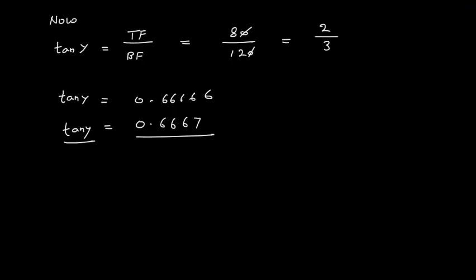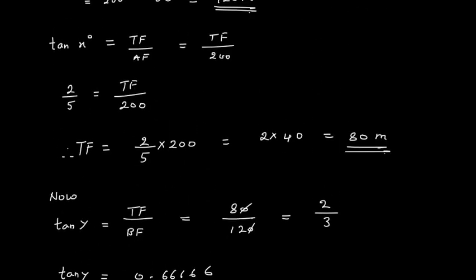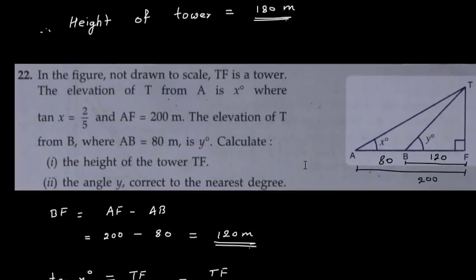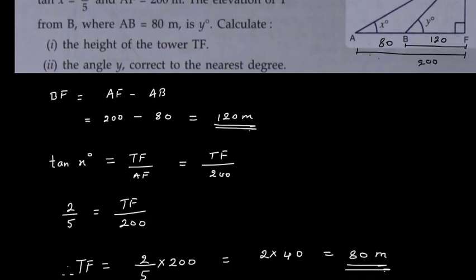So this is tan of 33 degrees 42 minutes. Therefore y is equal to 33 degrees 42 minutes. This is the value of y. So I got the value of x and y, and the height of the tower.